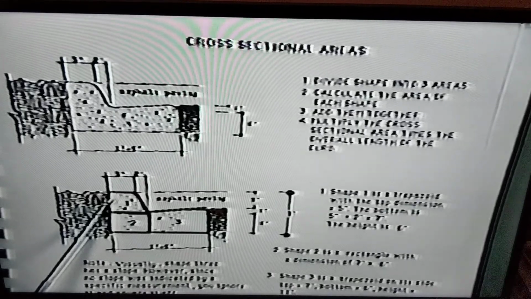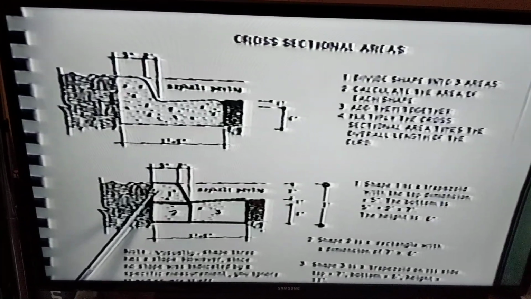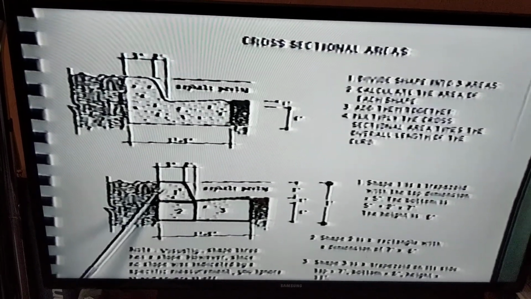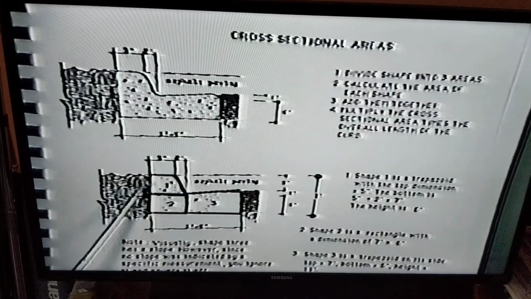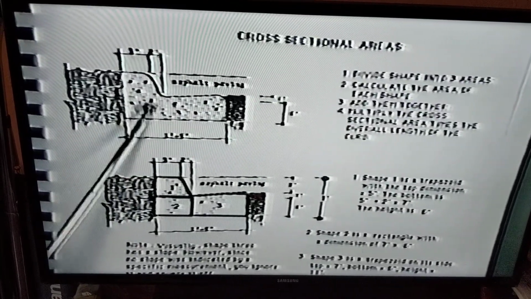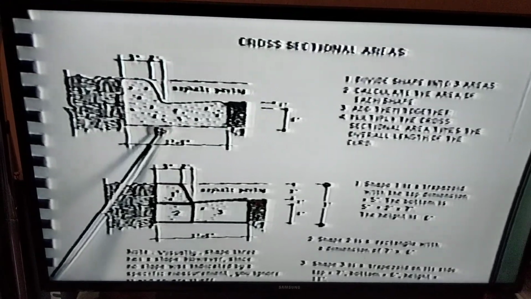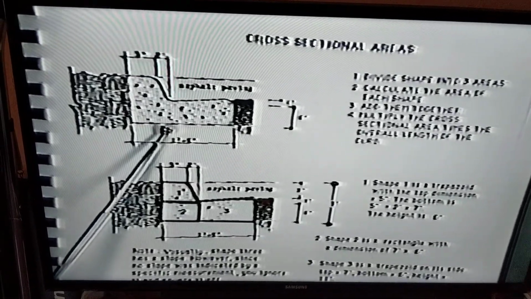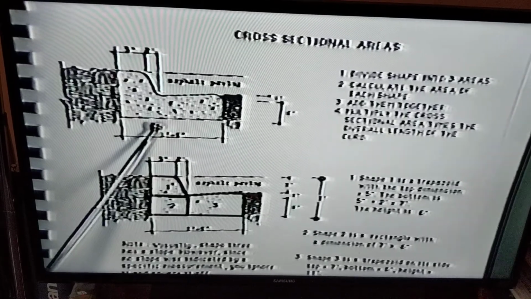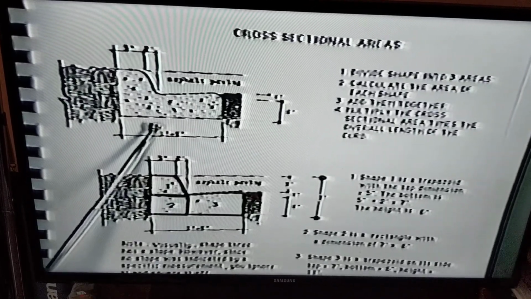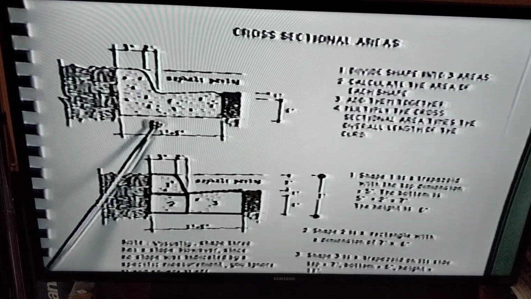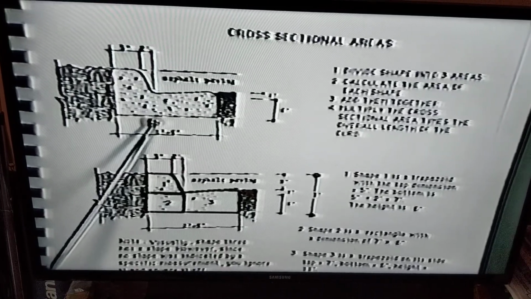And as you work with shapes, you'll see whether or not you're able to break a shape apart and analyze it this way. Now, what would the purpose be of finding the cross-sectional area of this curb and gutter? Well, the purpose would be if we wanted to know the volume of concrete necessary to pour this curb and gutter. If we knew the cross-sectional area and then multiplied it by the length of the gutter, we would have the volume. And that's what we use it for.